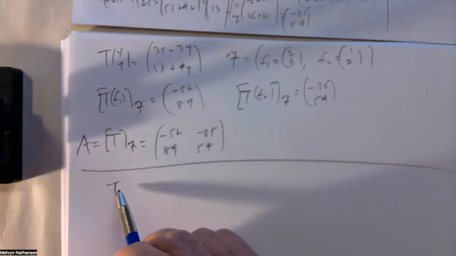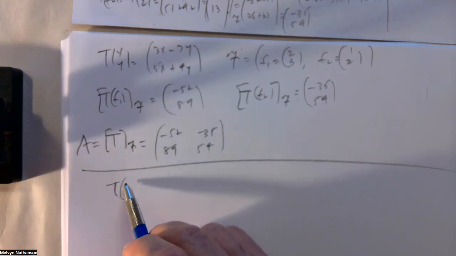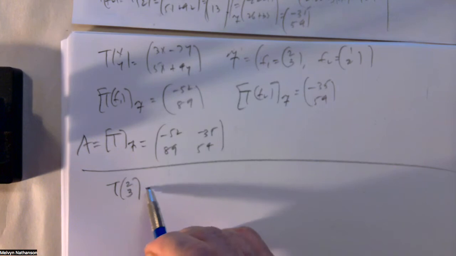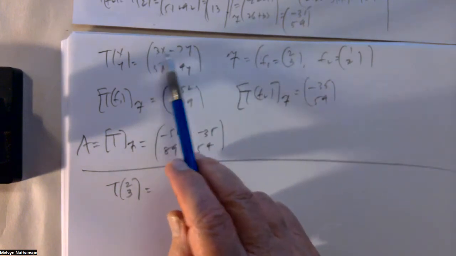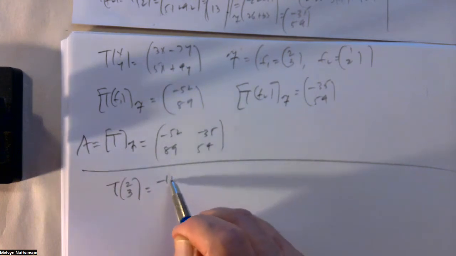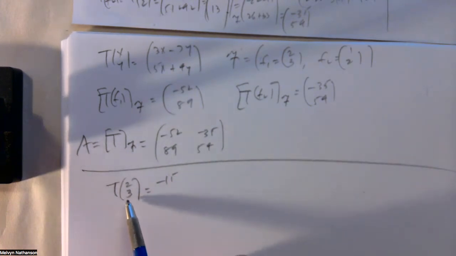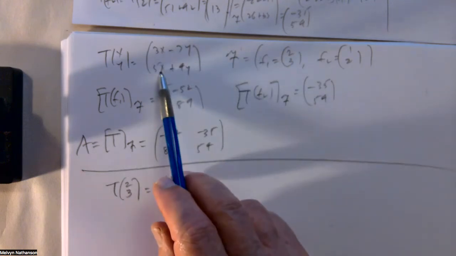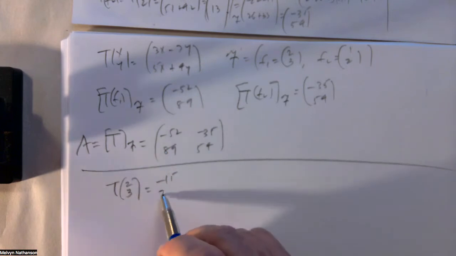So T of the vector (2, 3): 6 minus 21 is minus 15. 2, 3 is 22.